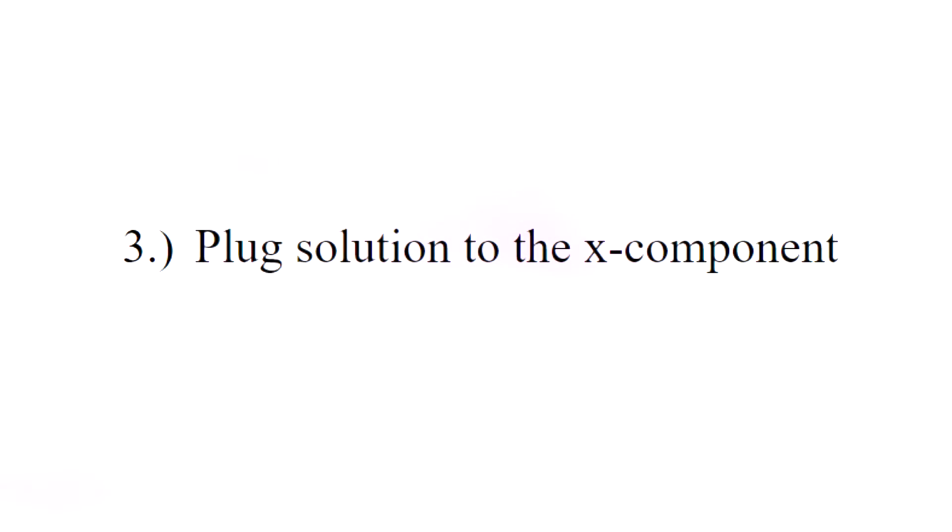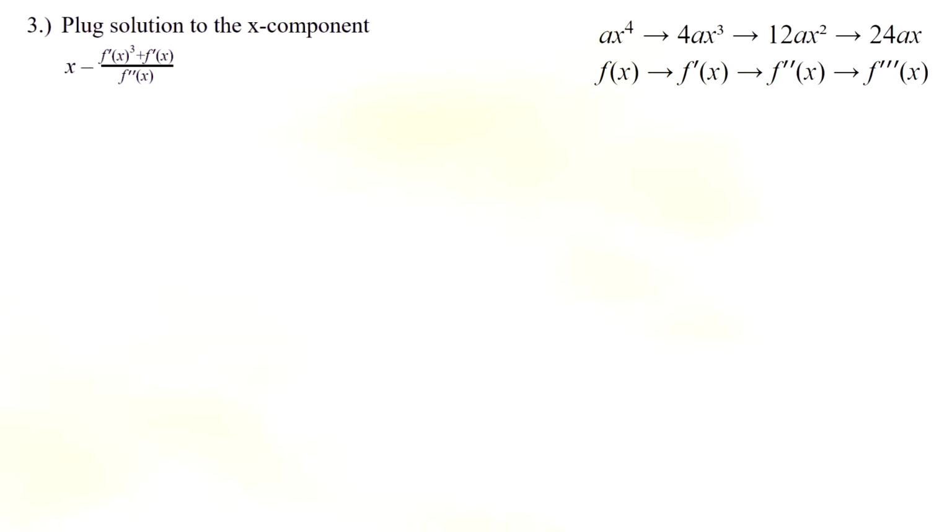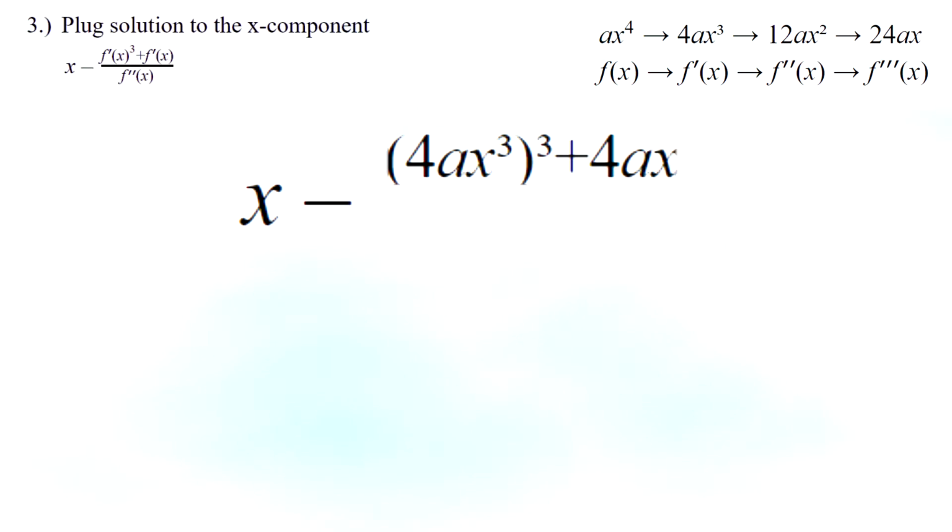Step 3. Solve for x in the x component: x minus f prime x cubed plus f prime x over f double prime x. Alright, let's turn the f's into what we have. So it's x minus 4ax cubed cubed plus 4ax cubed over 12ax squared.